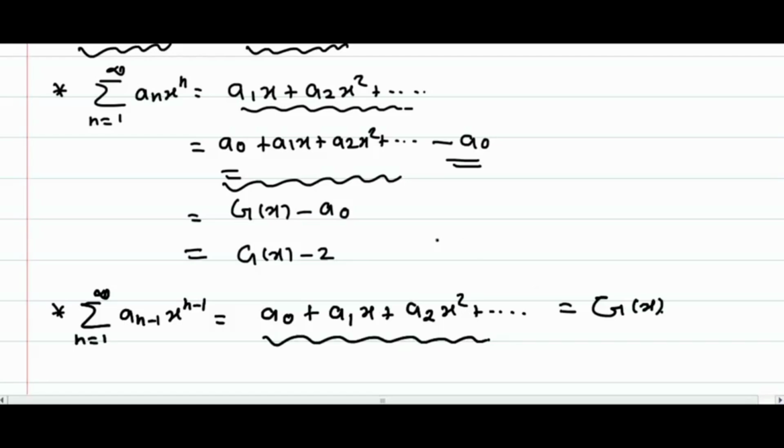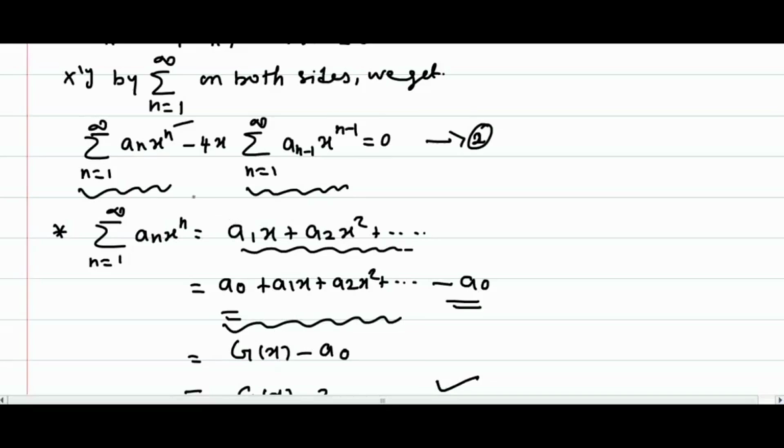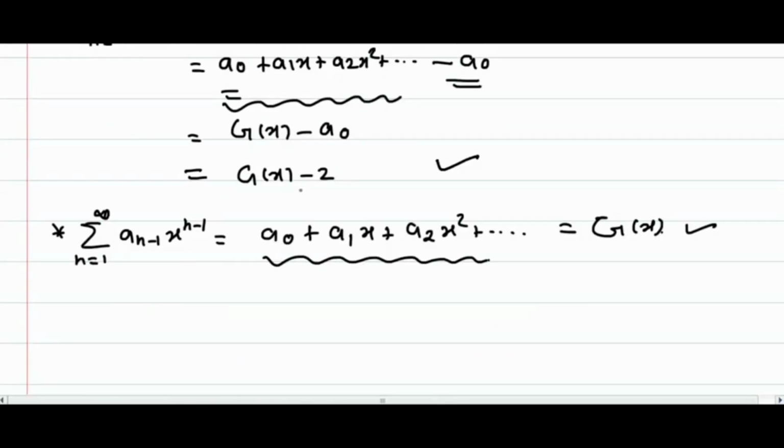Substitute this value and this value in equation number 1. So what is equation number 1? You see, this is equation number 2. From equation number 2, the sum of a n x power n is nothing but g of x minus 2.